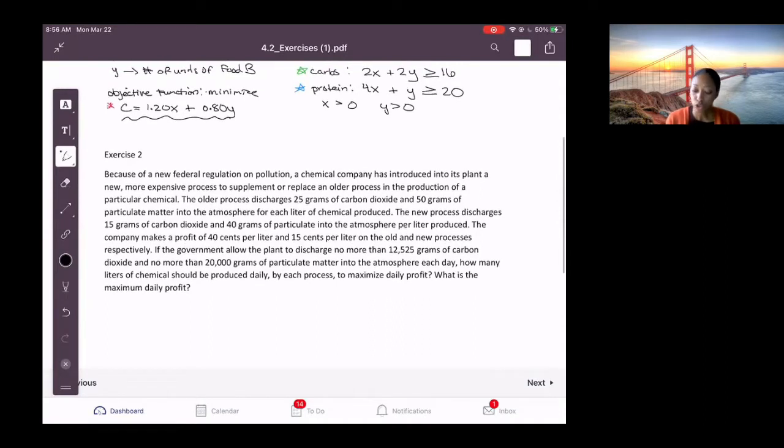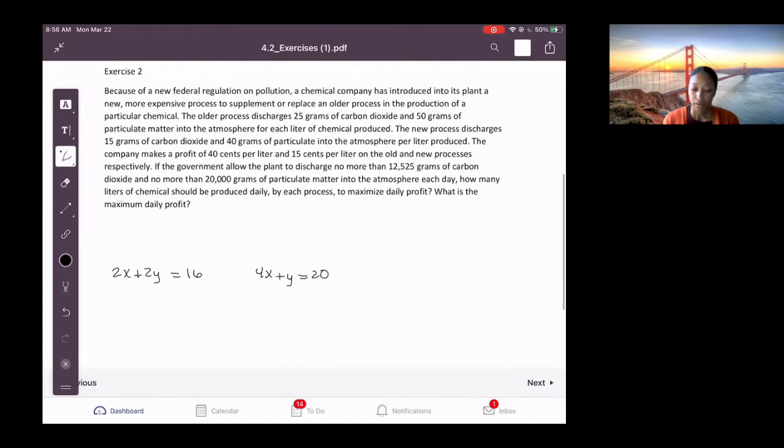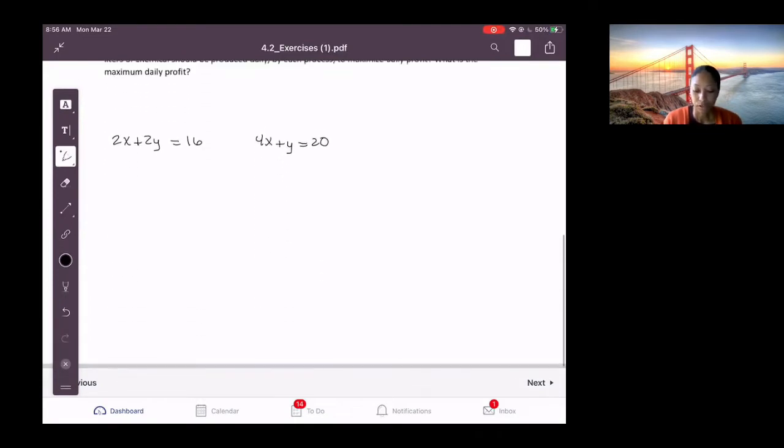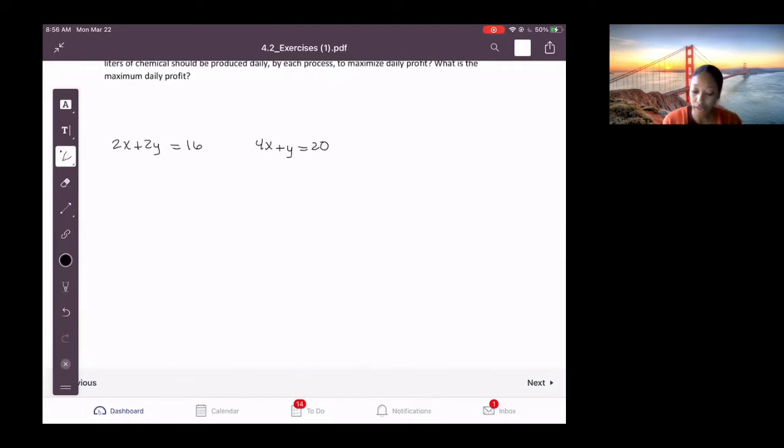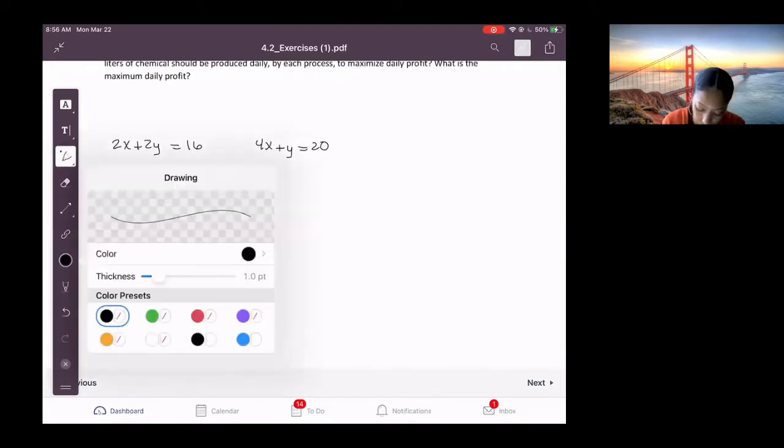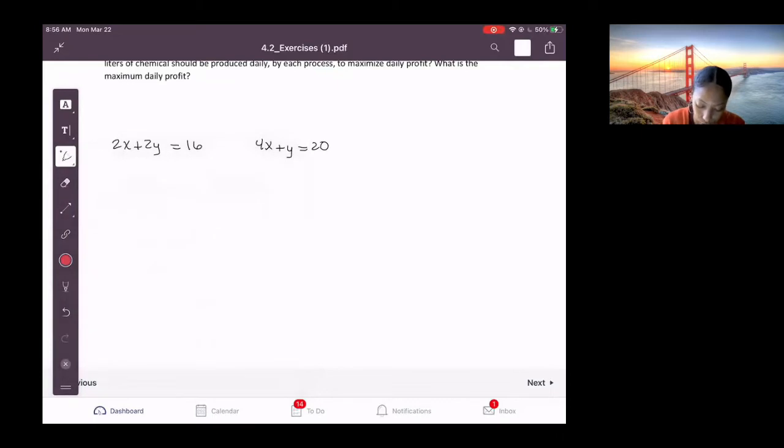We have 2x plus 2y equals 16, and 4x plus y equals 20. So these are the equations we get from our 2 inequalities. I usually color coordinate this.